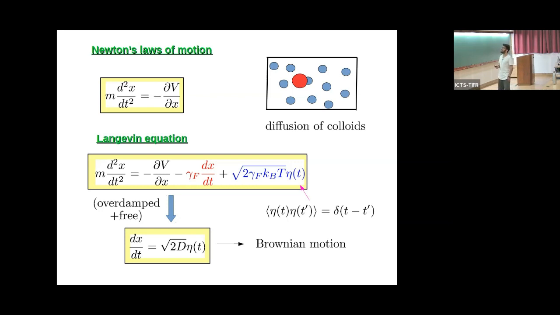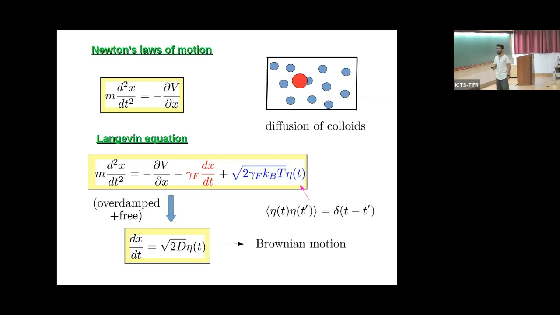And in the context of diffusion of colloids, one can write such an effective equation, and it's called the Langevin equation here. And it's very much similar to Newton's second law here, but there are some additional contributions which come because of the fact that this red particle is interacting with the surrounding particles. So the first is the damping effect here, because it's moving in the presence of other particles.